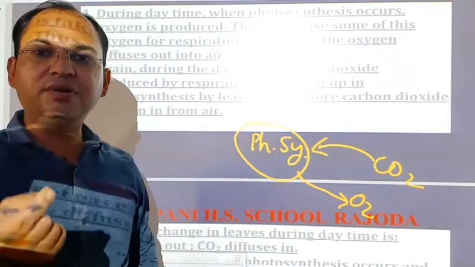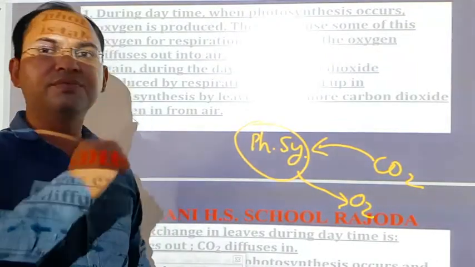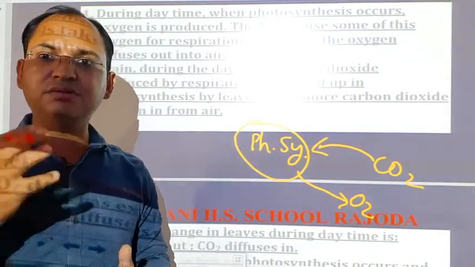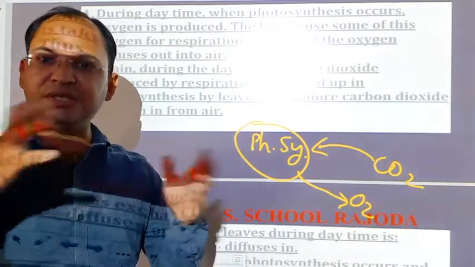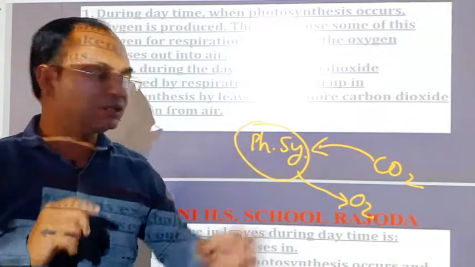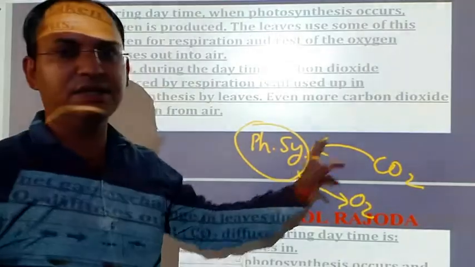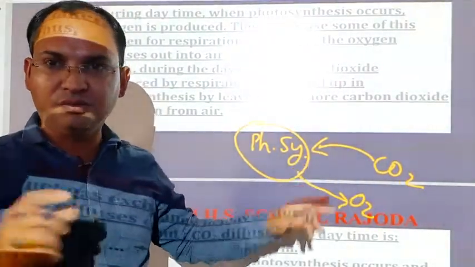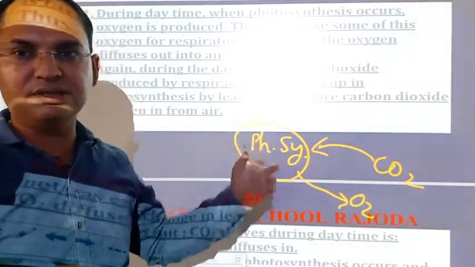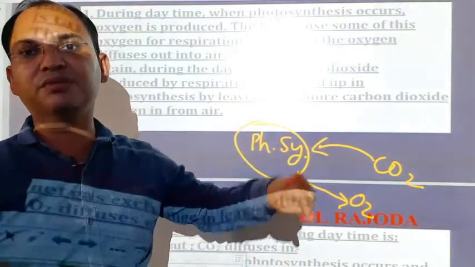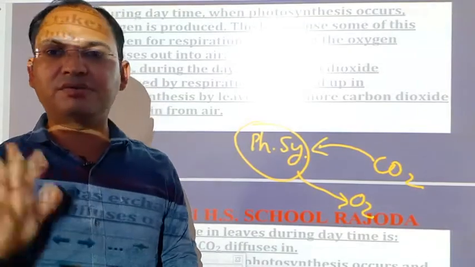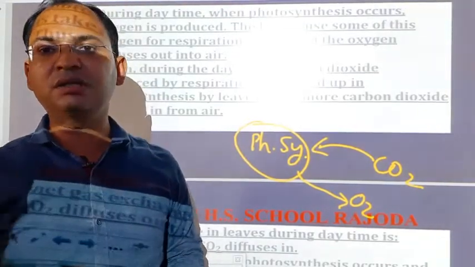So a little of the oxygen produced inside the leaf itself is utilized by the plant, and the plant need not absorb extra oxygen from the environment for respiration. Instead, it takes in carbon dioxide for photosynthesis, and the requirement of oxygen for respiration is fulfilled by the oxygen produced in photosynthesis, and the rest of the oxygen is removed into the environment.